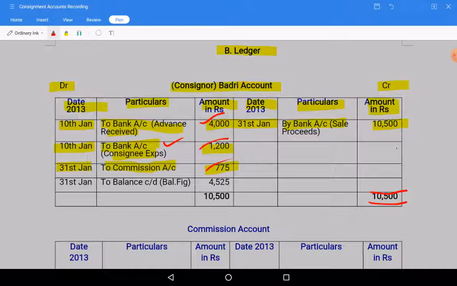If you deduct 4,975, the balancing figure will be 4,525 on 31st January, to balance carried down. Since they didn't say there is payment made by the consignee on the amount due, it is balance due from him.